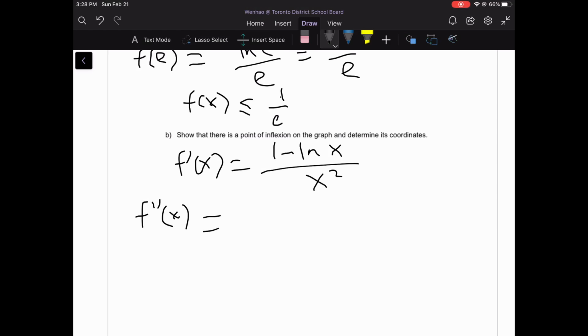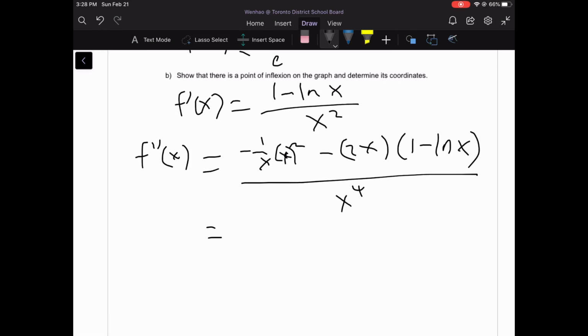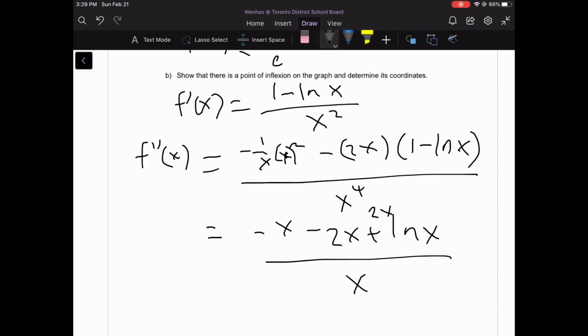So, derivative of the top, negative 1 over x, times the bottom, x squared, subtract derivative of the bottom, 2x, times the top, 1 minus ln x, and the whole thing over x to the 4, the bottom squared. Then we clean this up a bit, and it is equal to negative x minus 2x plus 2x ln x, the whole thing over x to the 4.